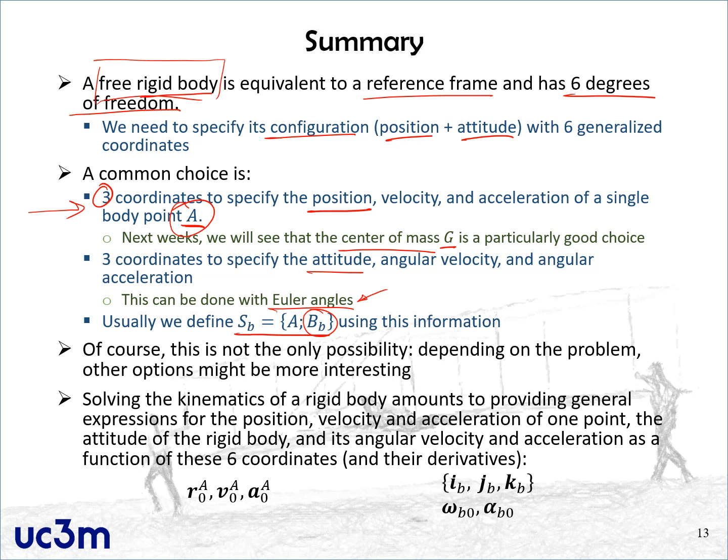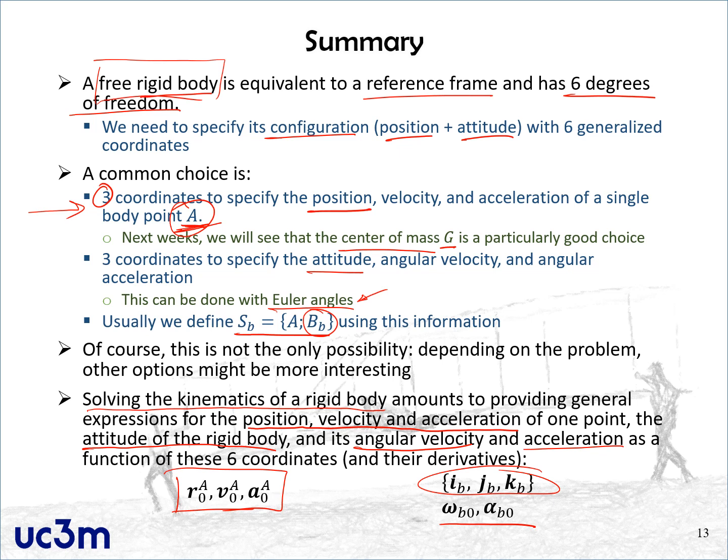Finally, when we talk about solving the kinematics of a rigid body, or writing down the kinematic expressions of a rigid body, what we mean is to provide the following vectors. Basically we care about the position, velocity, and acceleration of one point, for example, the point A that we were talking about here, and the attitude of the body, which we can relate to the 3 vectors of the basis, and then its angular velocity and angular acceleration vectors.